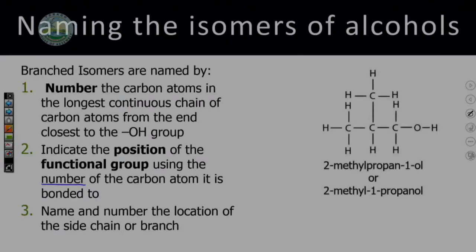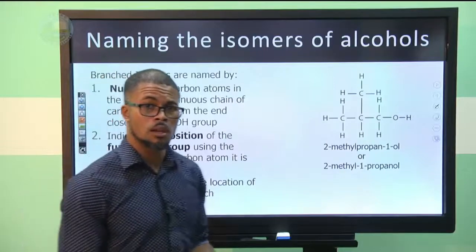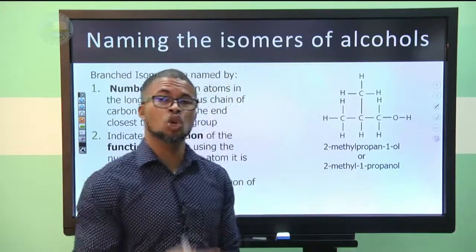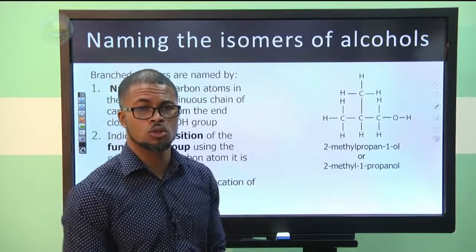So this is our next example here. How did we derive these names? Using this particular step. So the first step was to number the longest continuous chain. And in addition to that, we know that when we are numbering, we need to begin by numbering the carbon that is closest to the functional group.